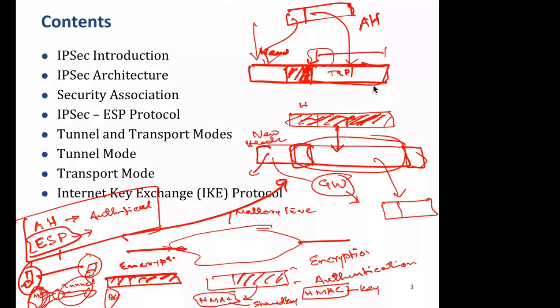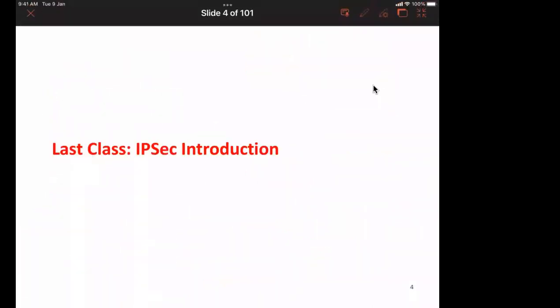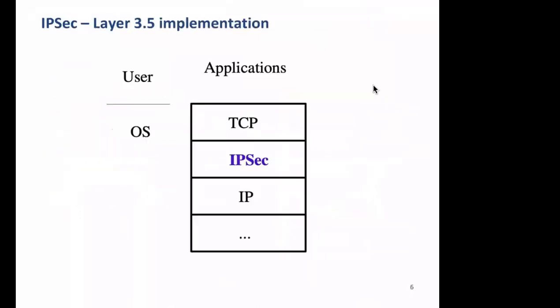Okay, what I've said is in a very simple manner. So let's go ahead and discuss some of these. So we see that IPSec works on top of the IP layer. So although because of the use of gateways, etc., it's not visible to end parties.